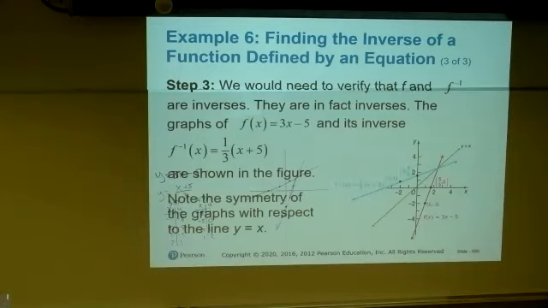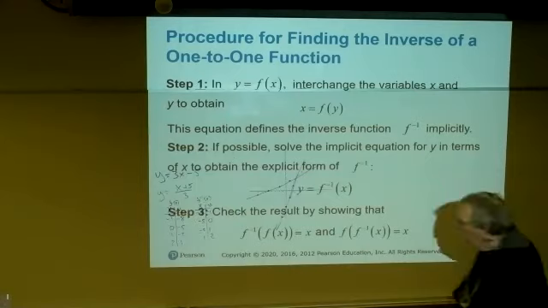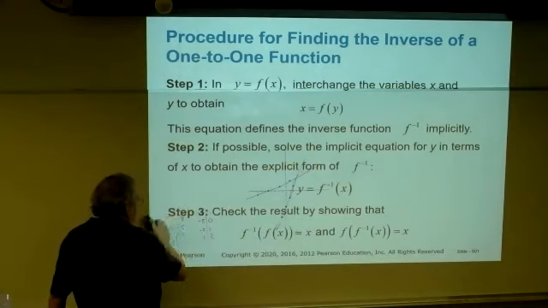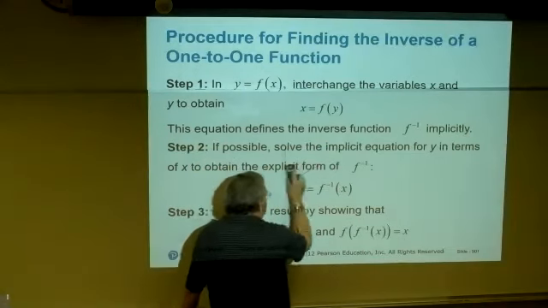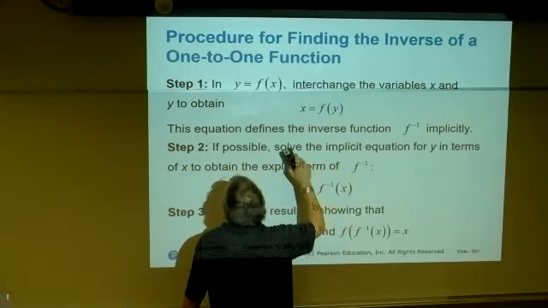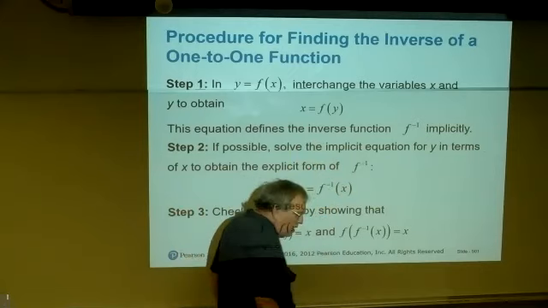And then we have the symmetry with respect to y equals x. And so this is just the steps we were doing. You replace the f of x with y, and then you switch your x's and y's.